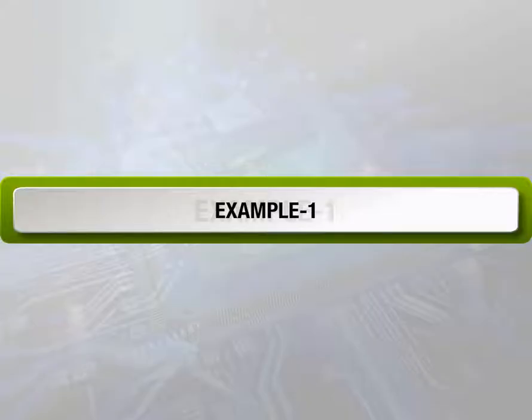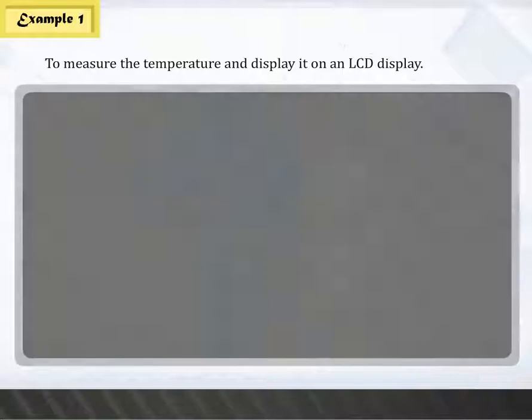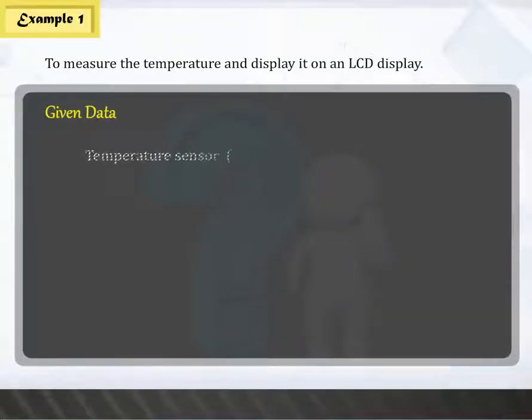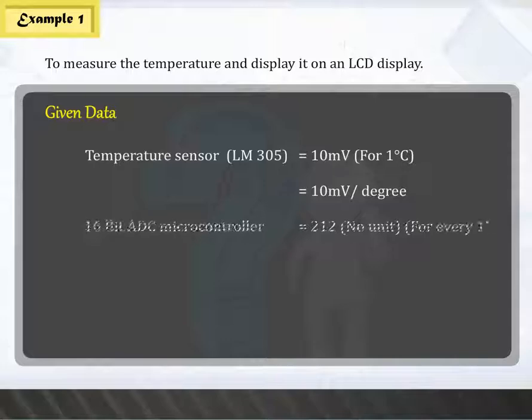Example 1. To measure the temperature and display it on an LCD display. Given data: temperature sensor, that is LM305, is equal to 10 mV for 1 degree Celsius, that is 10 mV per degree. 16-bit ADC microcontroller is equal to 2^12, no unit, for every 1 volt, that is 2^12 per volt.